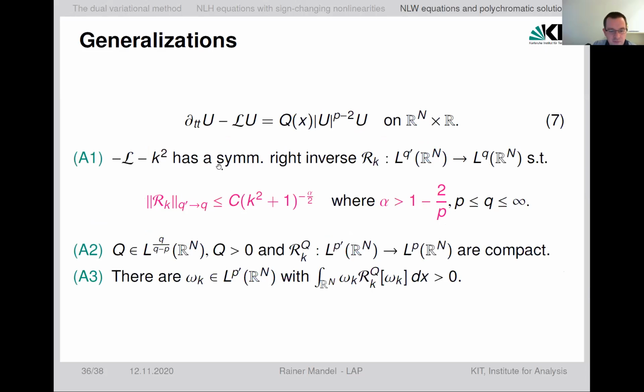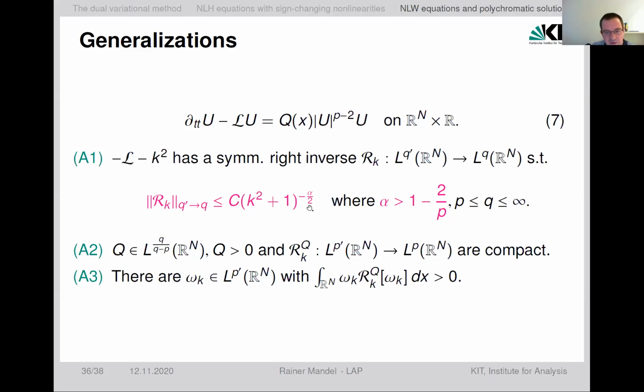Okay, I can now come rather quickly to the end. So let me just mention a few generalizations. Instead of the Laplacian, we can take more general operators here, which can be elliptic, which in principle could also be different. And we only have to require that three abstract conditions hold, which are all satisfied in our setting.